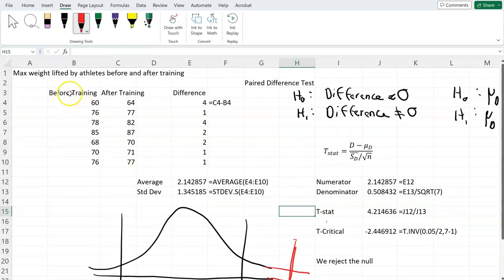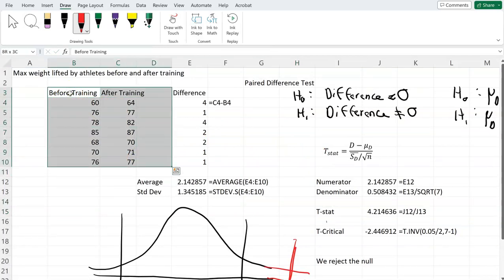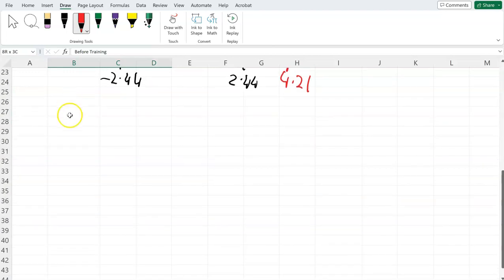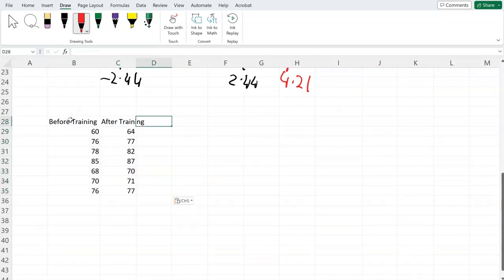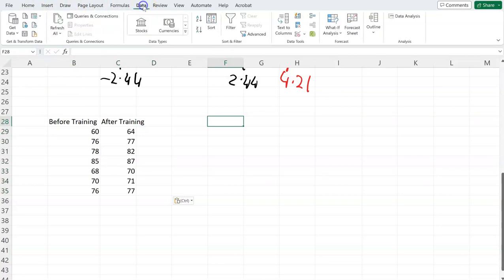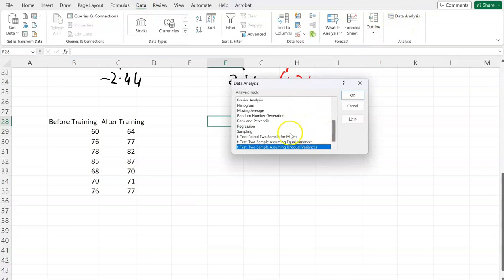We can also do this using a pre-programmed package in Excel. Let me just copy this down here. And so what I will do is go to data, then data analysis, and then t-test paired two sample for means.